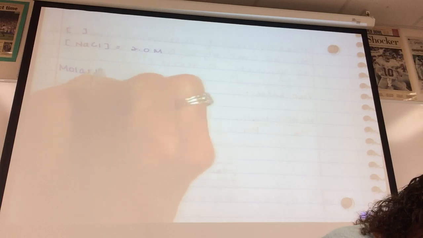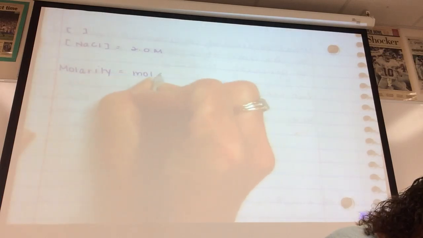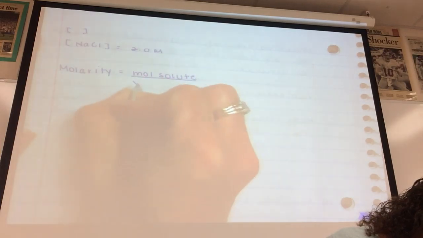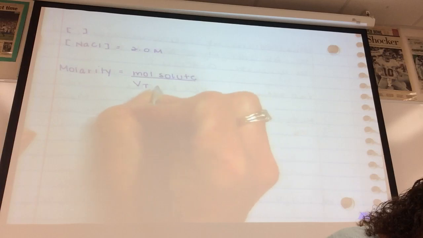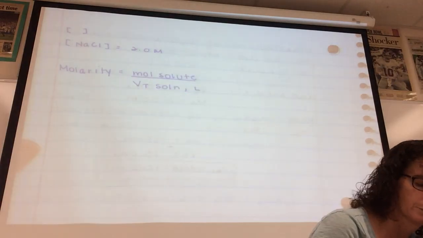And you know from last year in our previous chapter that molarity is moles of solute over the total volume of solution in liters.